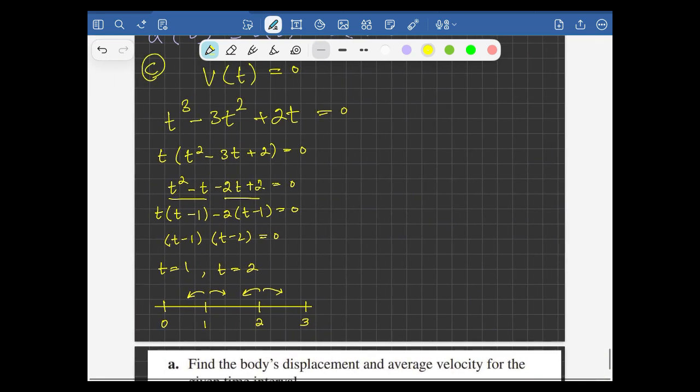So we need to find 3 different values. For before 1, let me choose 0.5, afterwards 1.5, afterwards 2.5. How's that?